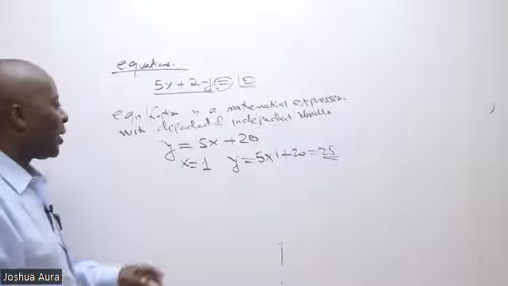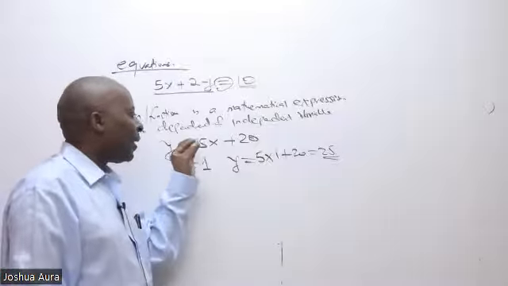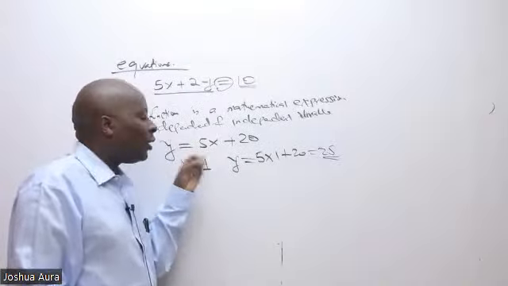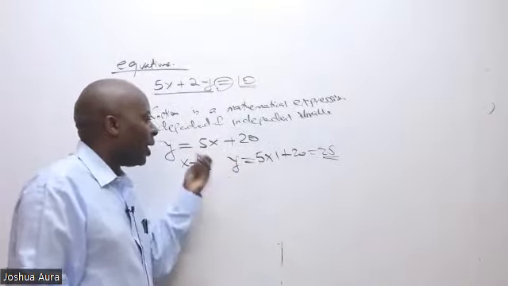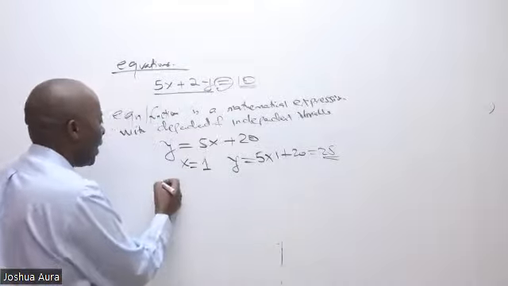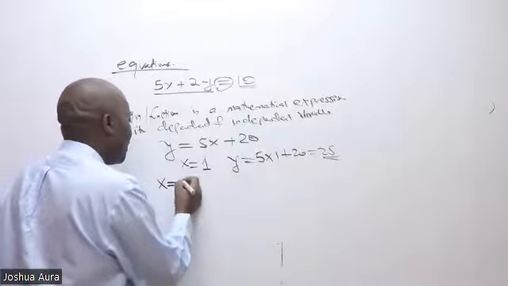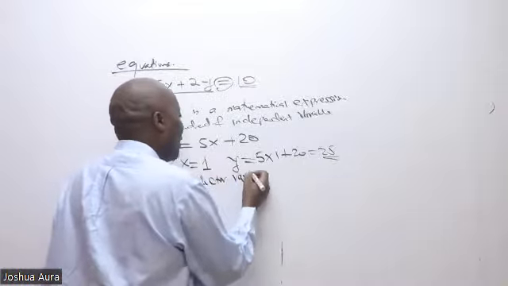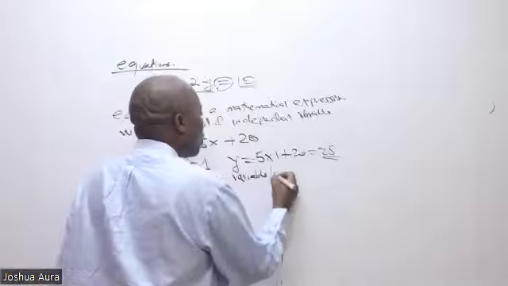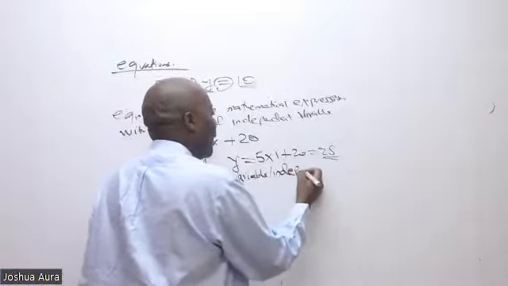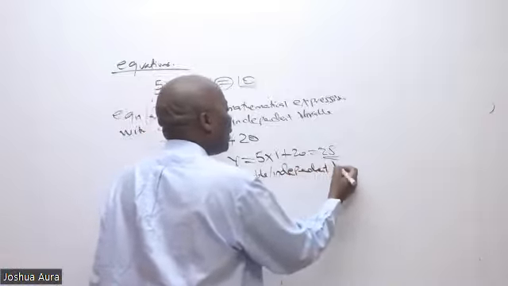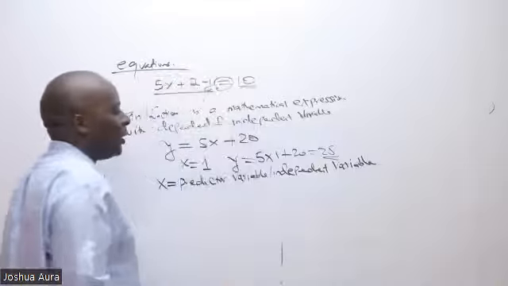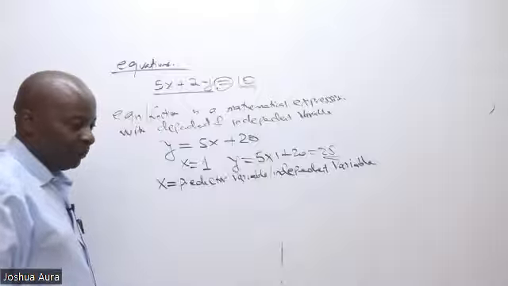So I can see in this case that x is the predictor variable. By knowing x, I will be able to know the value of y, because y simply responds. I'm repeating again that x is the predictor variable, which we also call the independent variable.